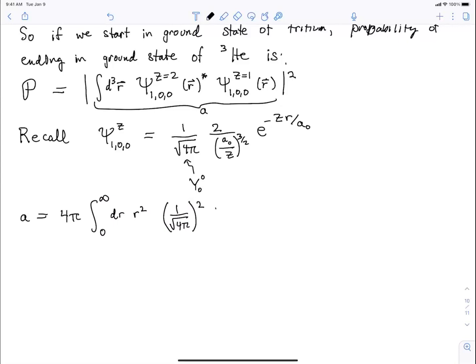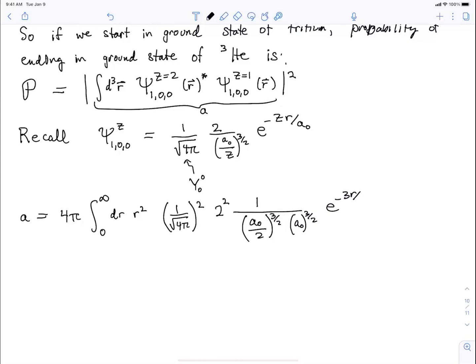Both of them have a factor of 2, so I square that. Okay, and then one of them has a Bohr radius over 2 to the 3/2. The other one has just a Bohr radius to the 3/2. And one of them has an e to the minus 2r over Bohr radius, and the other has e to the minus 1r over Bohr radius.